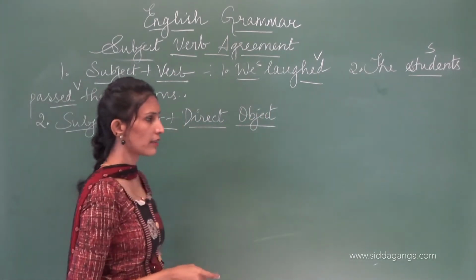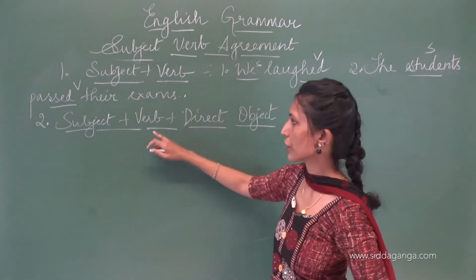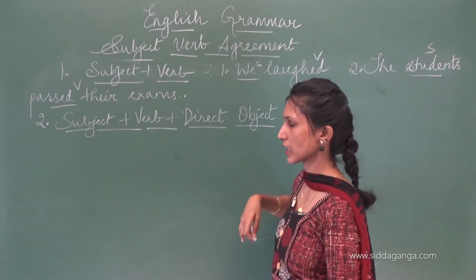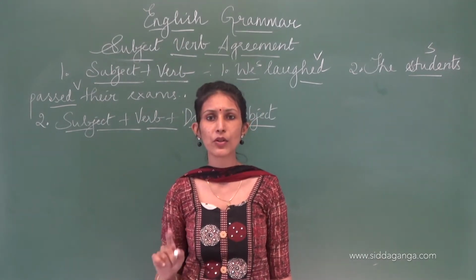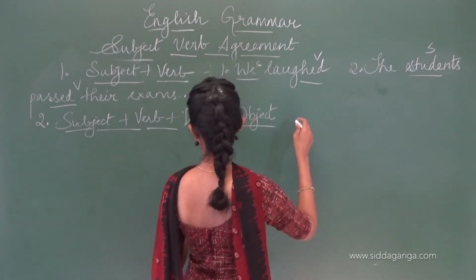You already know what subject is. You already know what verb is. Let me tell you what a direct object is. Now, for example, Ram wrote the shadows. Okay, I'll put down the example and then we'll see.